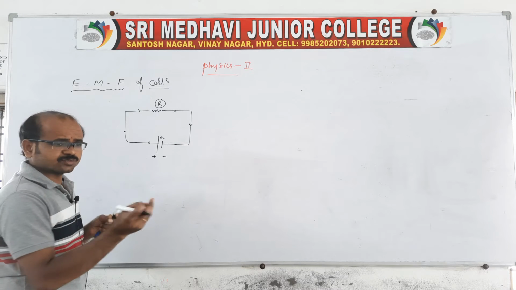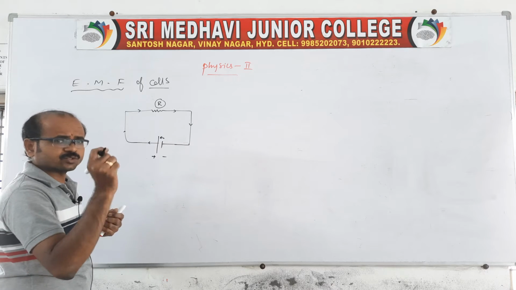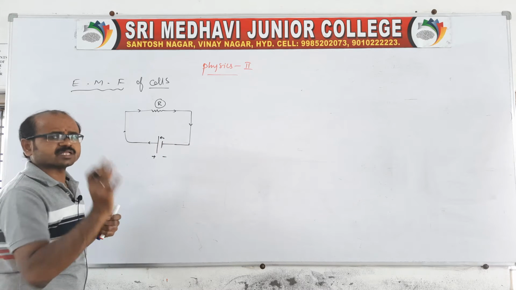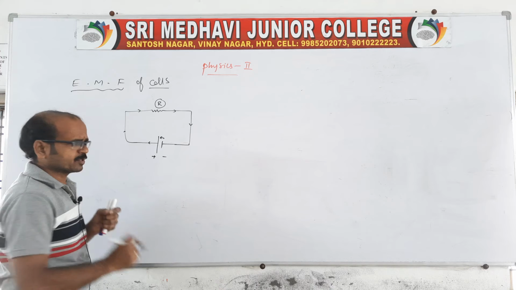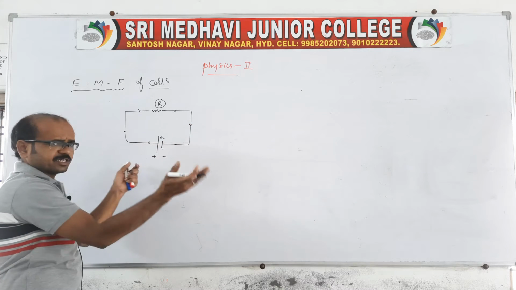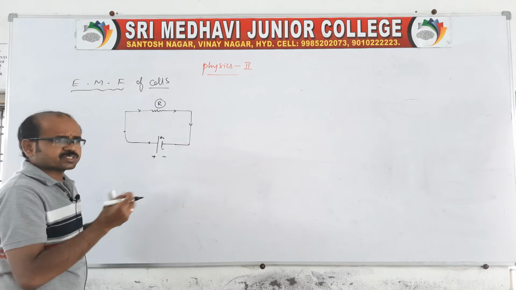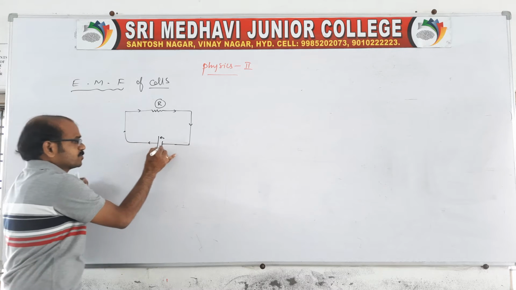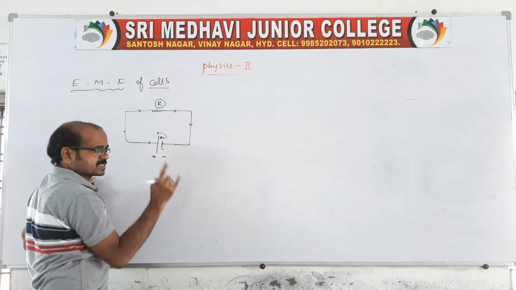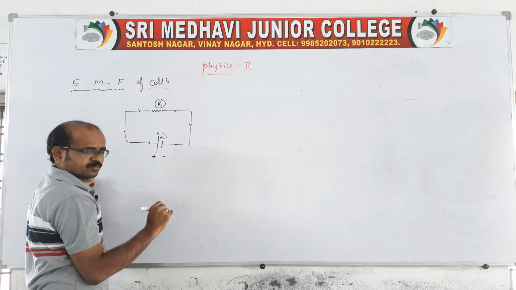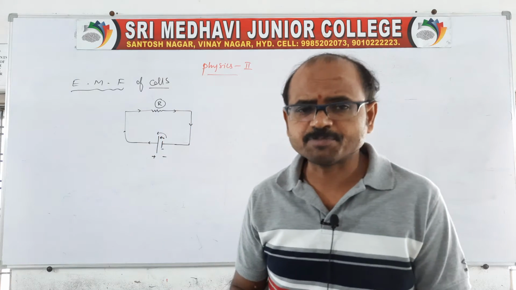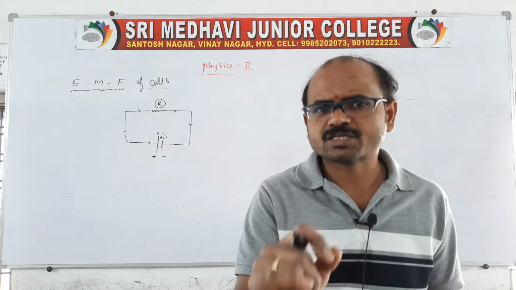The work done to drive the charge, to move the charge from the negative terminal to the positive terminal, is required, because the positive charge has already reached the negative terminal. Now this positive charge can move from negative to positive also, and work is required to move the charge. That's what we call the work done to drive the charge.